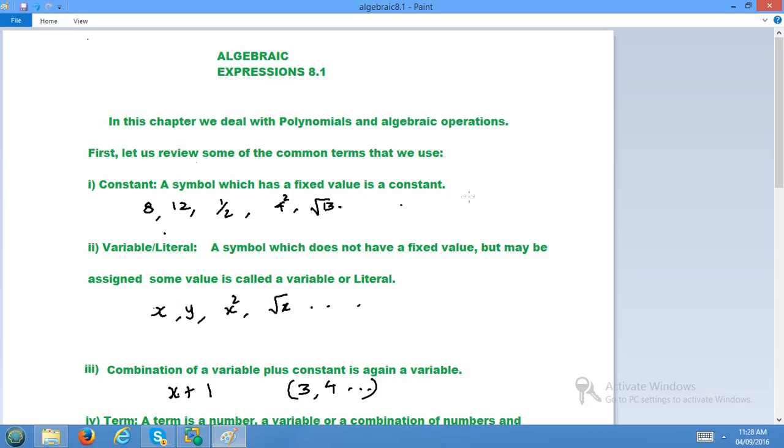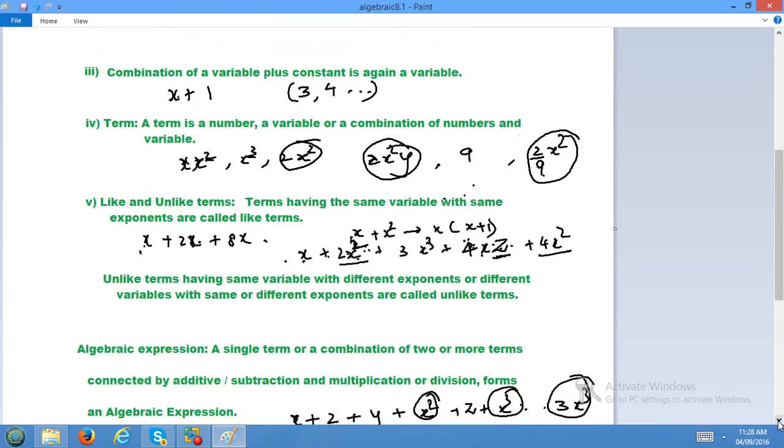The entire thing is known as an algebraic expression. In that, afterwards we define one term. What is meant by one term? One term is a number or a variable, or a combination of numbers and variables.